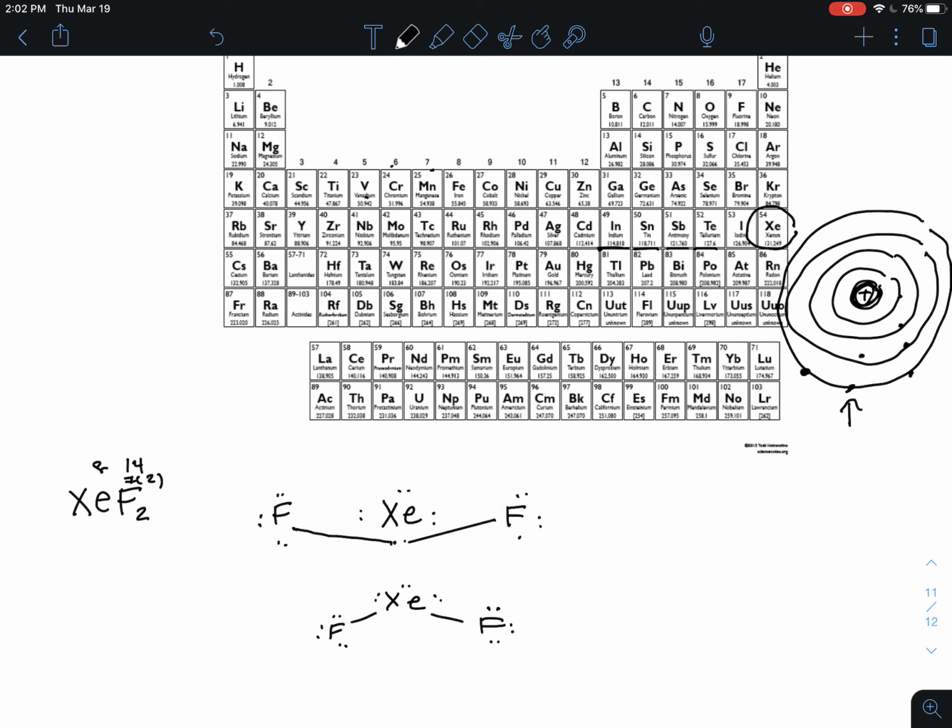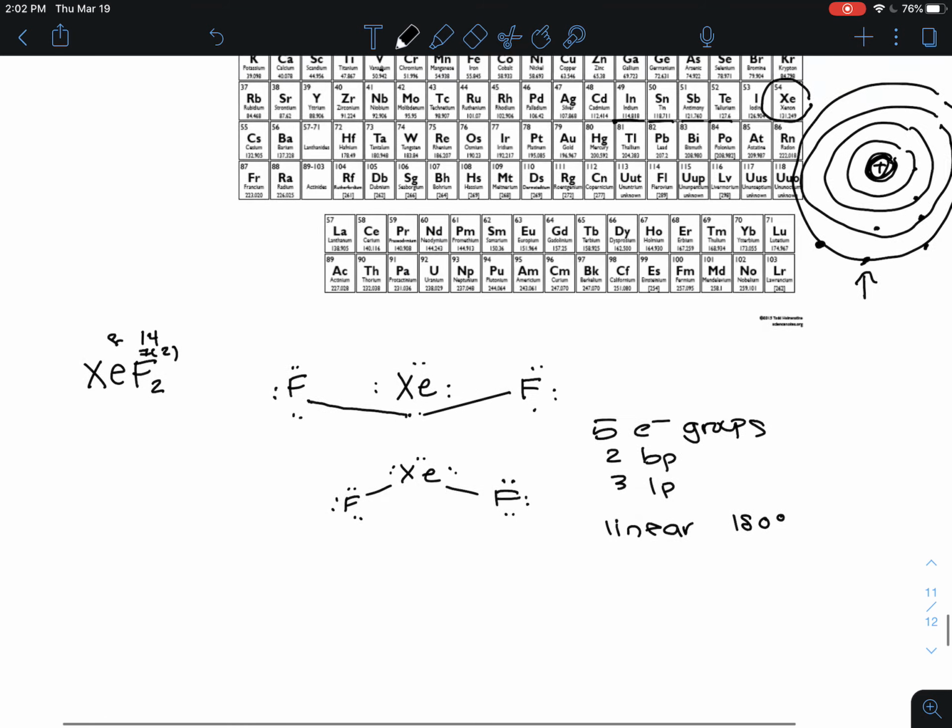Now, this looks a little funky, but let's figure out what the shape of this is. 1, 2, 3, 4, 5. 5 electron groups. 2 bonding groups and 3 lone pairs.